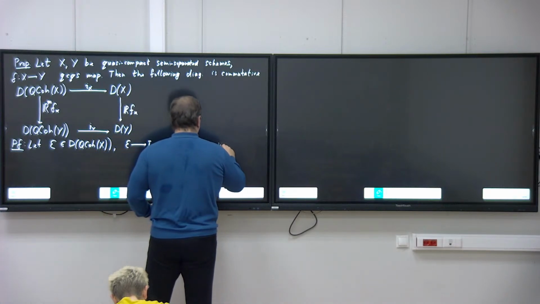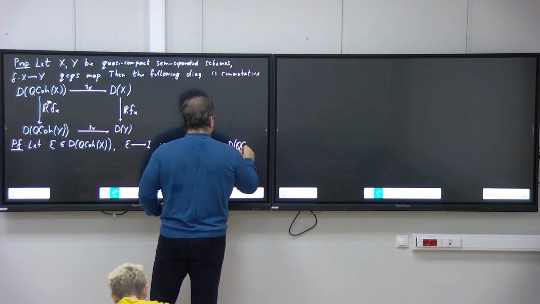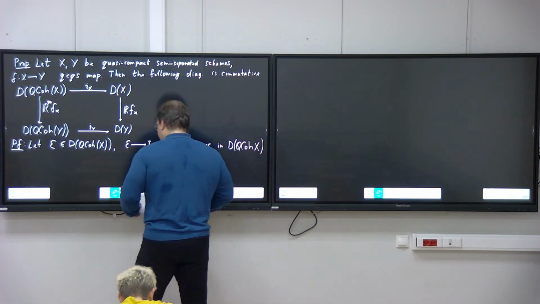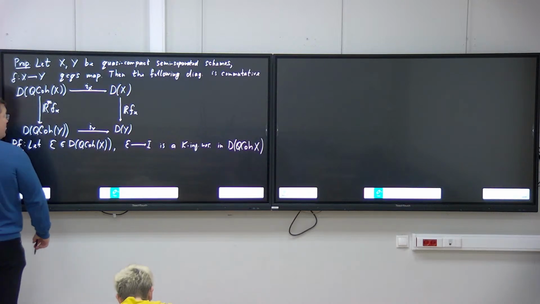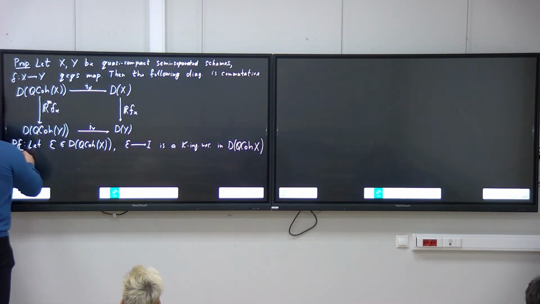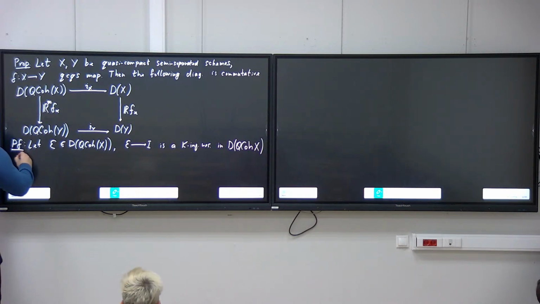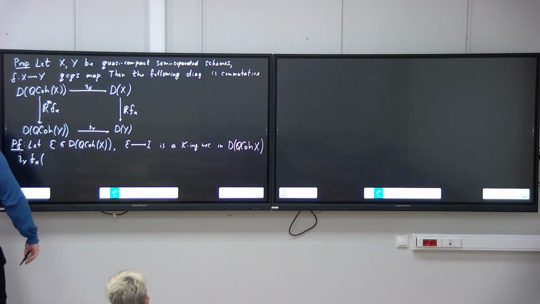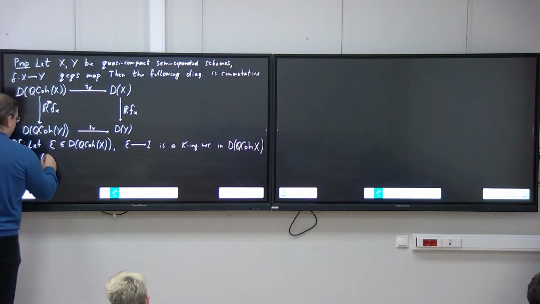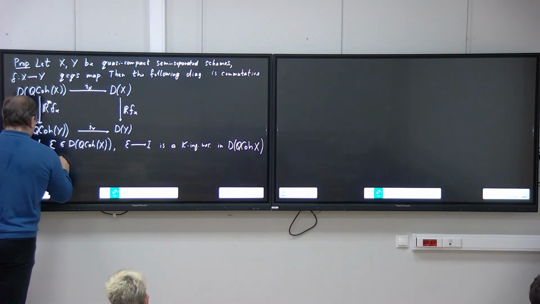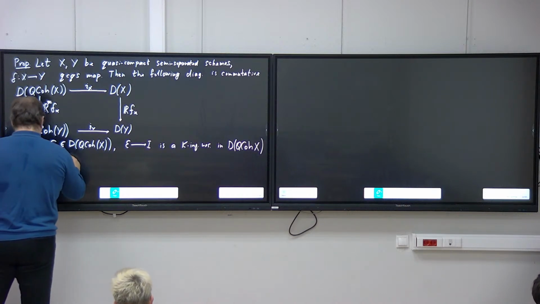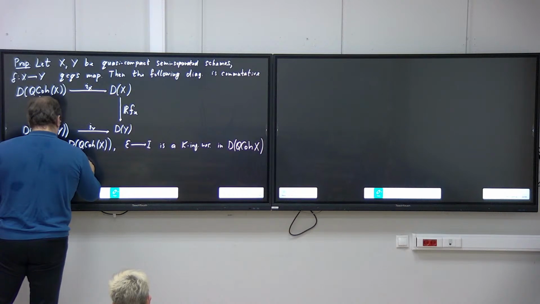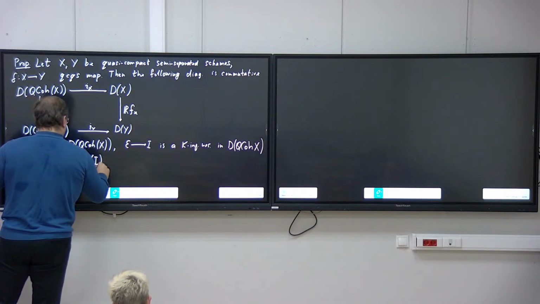This is in the category D QC of X. Then the simple observation, which is the underived identity: if I apply I_Y composed with the f lower star, well, I can actually apply it to any object, but in this case I need to apply it to this resolution. Then this is the same thing as f lower star I_X applied to it.